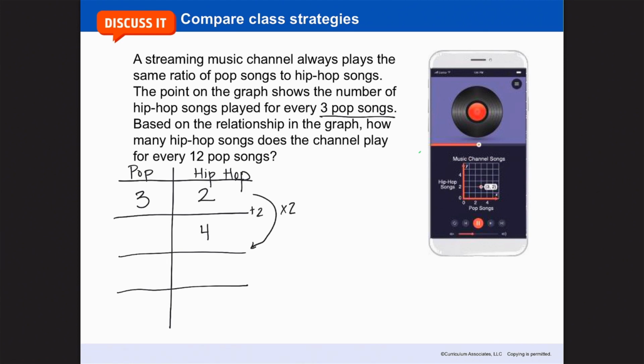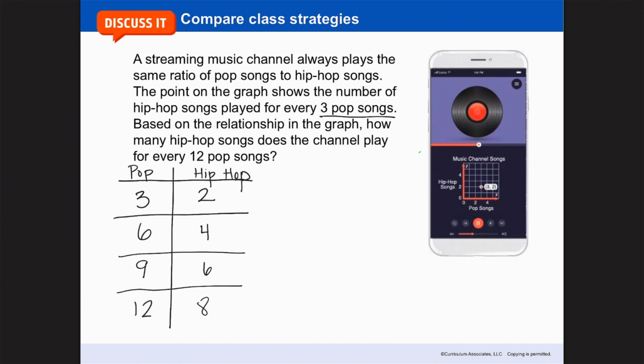Then the next thing, either add 2 and get 6 or multiply this times 3. And the very last thing, I can either multiply by 4 or add 2 more to get 8. The same thing will be true on the opposite side. So I'm going to add 3 or multiply by 2. So 3, 6, 9, and 12.